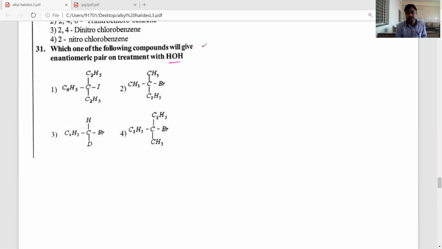So the answer is a chiral or asymmetric carbon-containing alkyl halide, a tertiary alkyl halide.